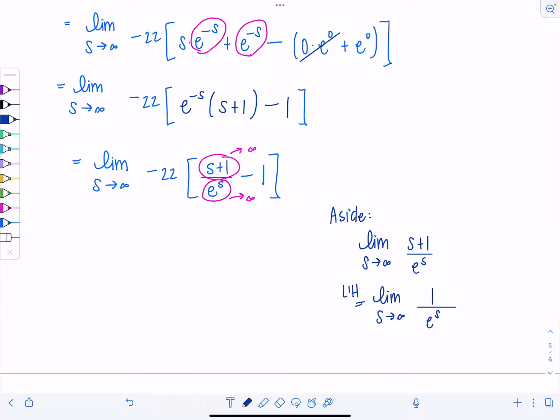As s approaches infinity, I have 1 over a denominator going to infinity, so that's going to approach 0. All right, good. That means this whole term goes to 0. I have 0 minus 1, so that's negative 22 times negative 1, so this is 22. That means this integral, integral number 2, is convergent.